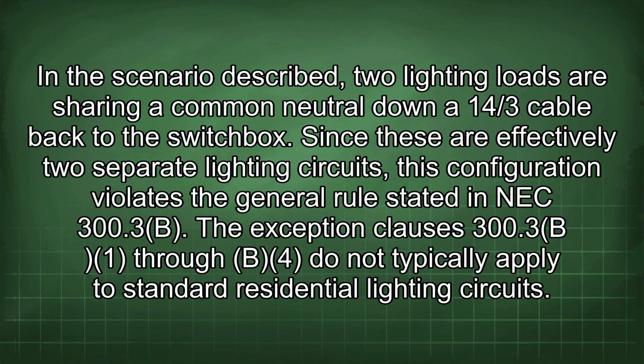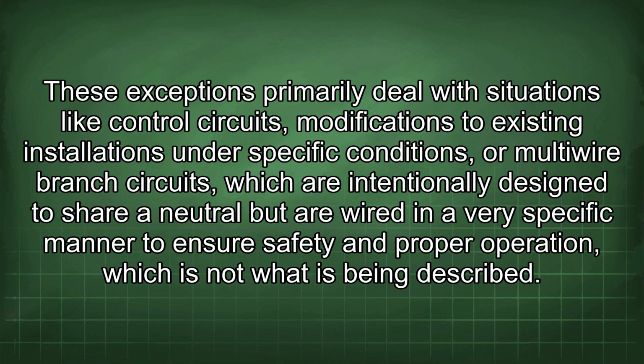The exception clauses 300.3(B)(1) through (B)(4) do not typically apply to standard residential lighting circuits. These exceptions primarily deal with situations like control circuits, modifications to existing installations under specific conditions, or multi-wire branch circuits, which are intentionally designed to share a neutral but are wired in a very specific manner to ensure safety and proper operation, which is not what is being described.